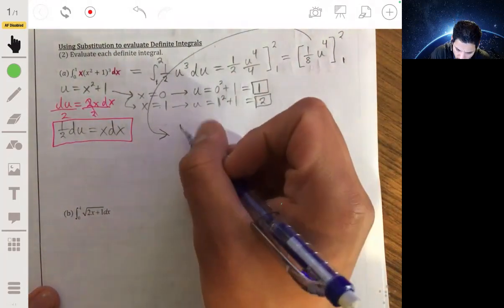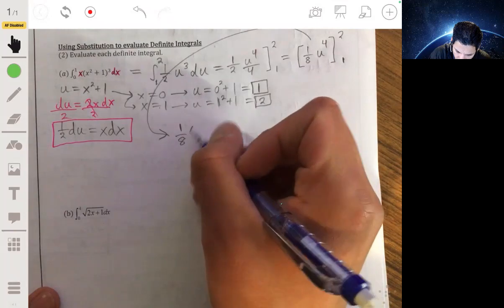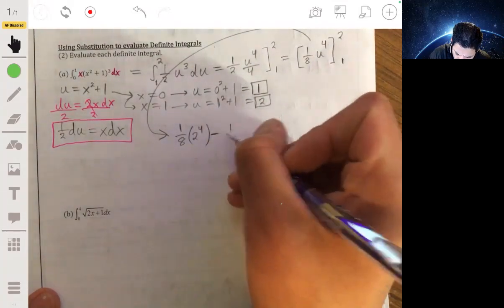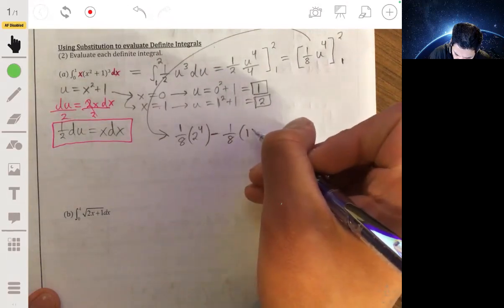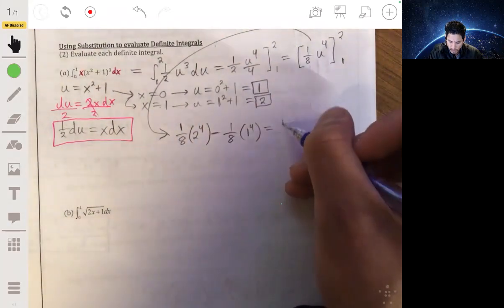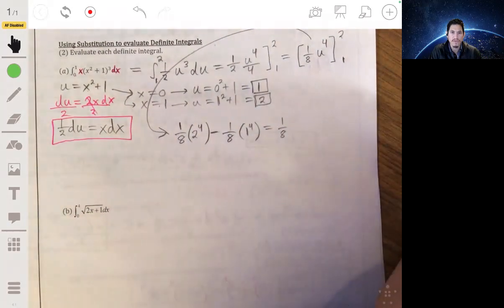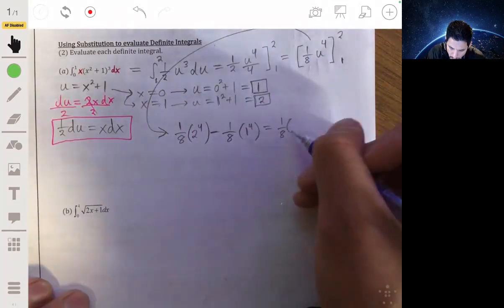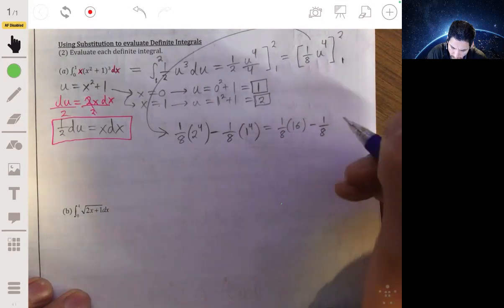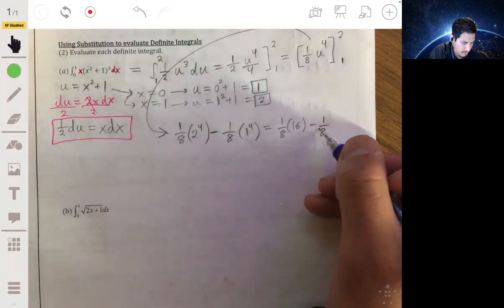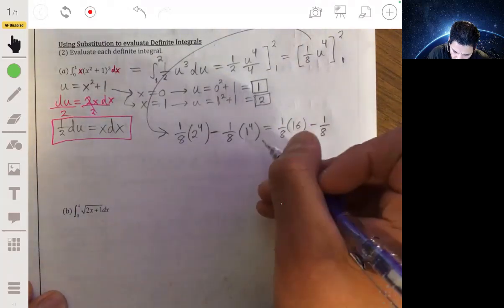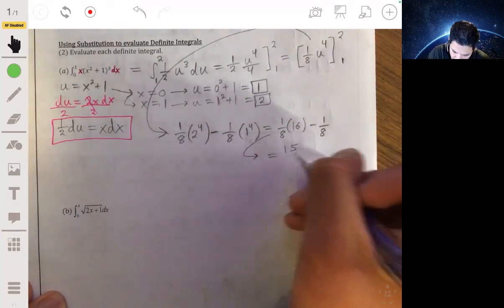And we're going to have 1/8 times 2 to the fourth minus 1/8 times 1 to the fourth. So that's 1/8 times 2 to the fourth, 2, 4, 8, 16. So 1/8 times 16 minus 1/8. So we have 2 minus 1/8, or 16/8 minus 1/8, and that'll simply just be 15/8.